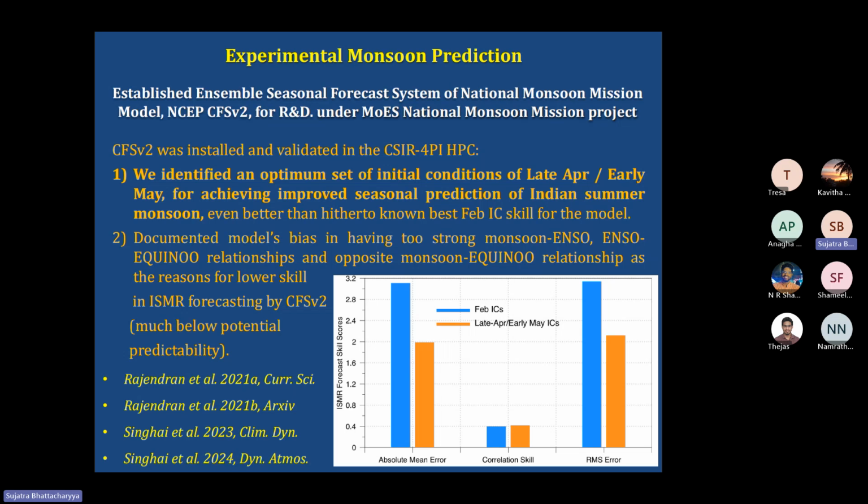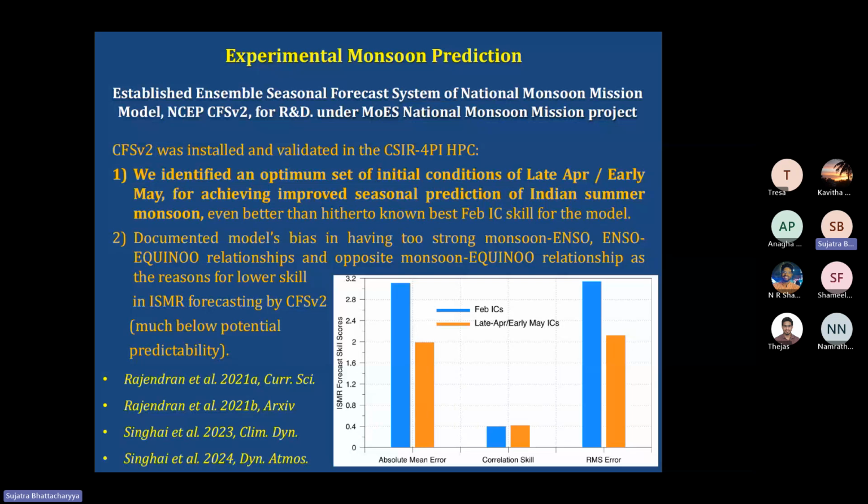With this background, as I mentioned, we also do experimental monsoon prediction using the same Monsoon Mission model. This has been implemented at CSIR Fourth Paradigm Institute in Bangalore on our HPC. We have done a series of works, including myself, Rajendran and a couple of students. What we found was that CFS V2 has maximum skill if the initial conditions are used from February.